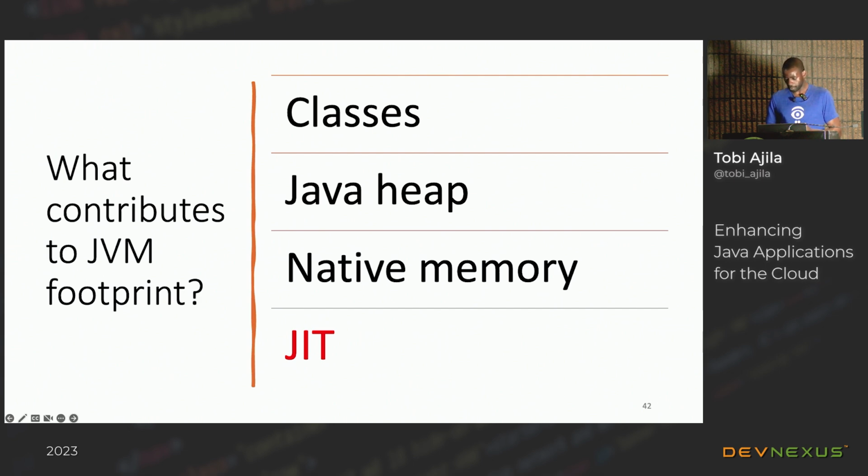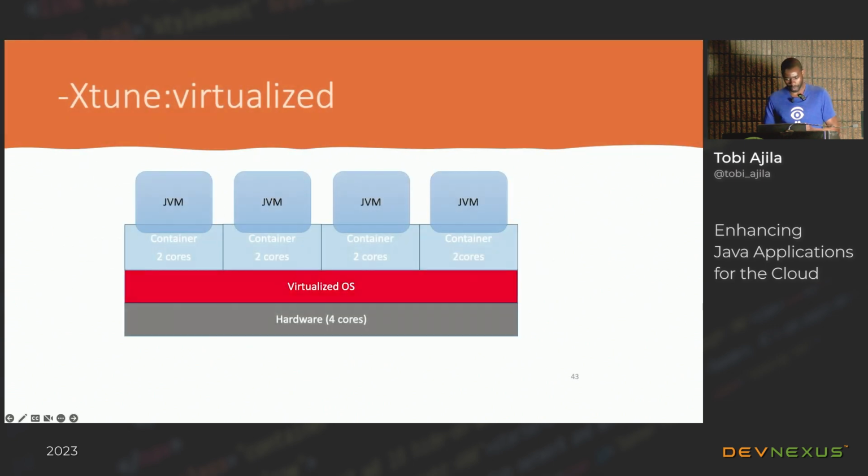So at OpenJ9, we've introduced a new option. It's actually been out for a little while now. It's called Xtune:virtualized. Essentially, this option is geared towards resource-constrained environments. It modifies the JVM to reduce the amount of CPU consumed as well as the memory footprint.